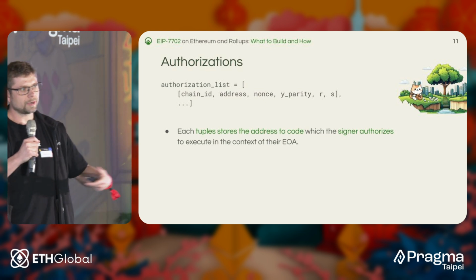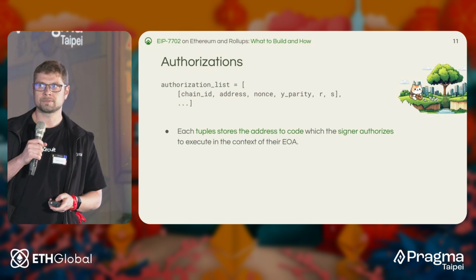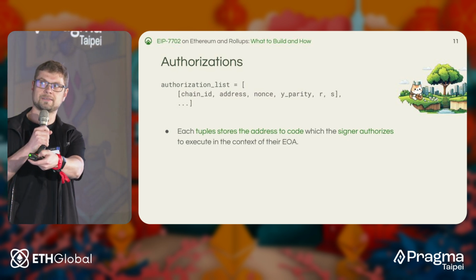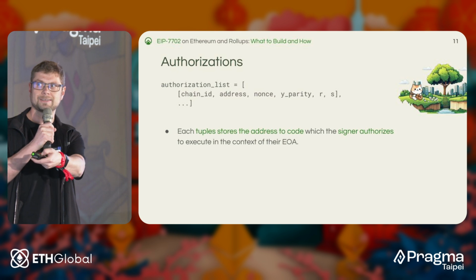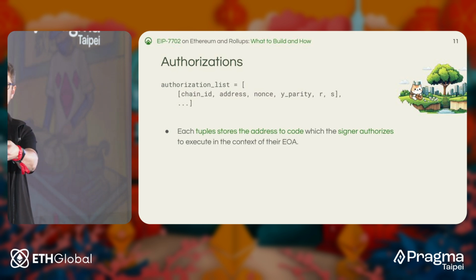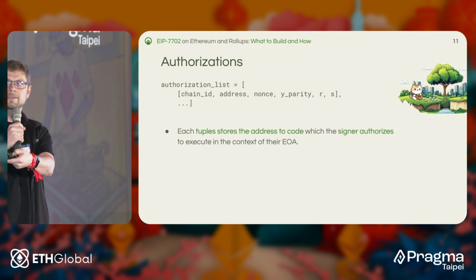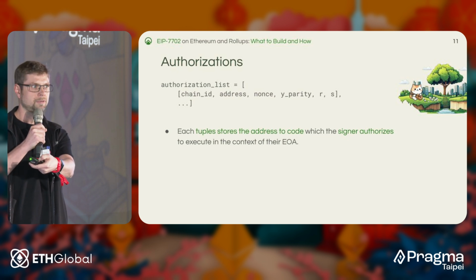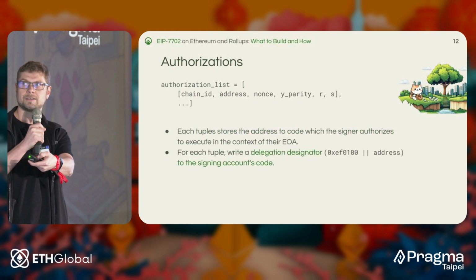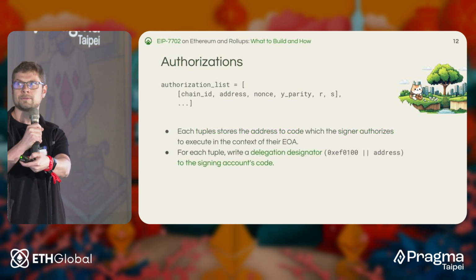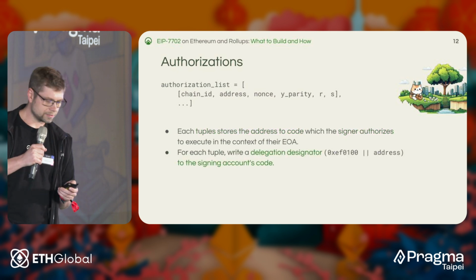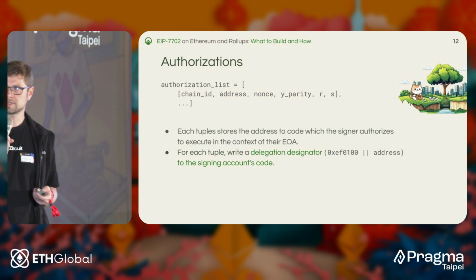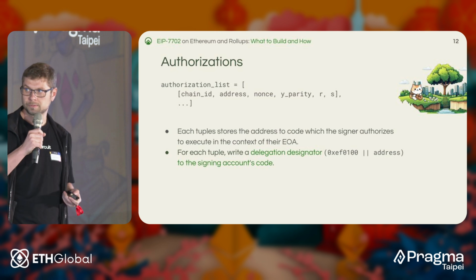And those are the authorizations to delegate the accounts. So when you take a look at this authorization, it's a list of tuples that look like this. And each of these tuples essentially authorizes us to delegate the account on the given chain to some given smart contract. The nonce just specifies the nonce of the account, and the rest is a signature. So at the beginning of processing that very regular transaction, when setting code for accounts, we go through these tuples.